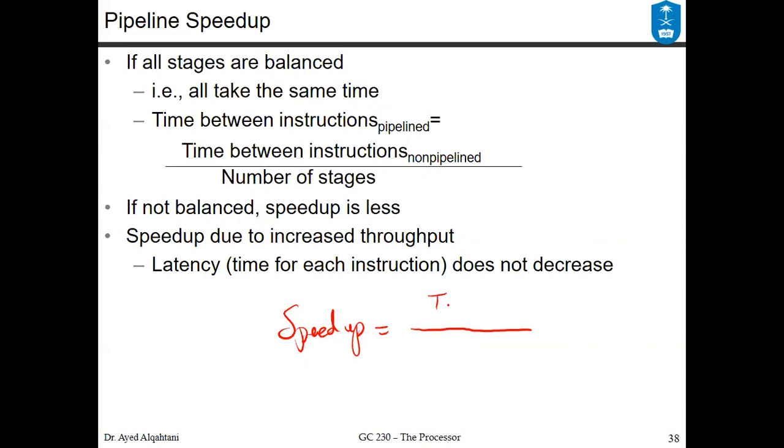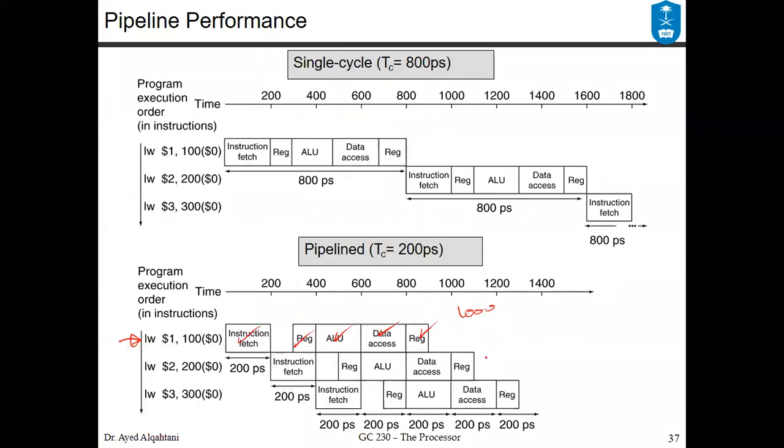So you take the cycle time for the non-pipeline and you divide it by the cycle time of the pipeline to get the speed up. So in our case, it was 800 divided by 200, which is equal to 4. So the speed up is 4 in this example.